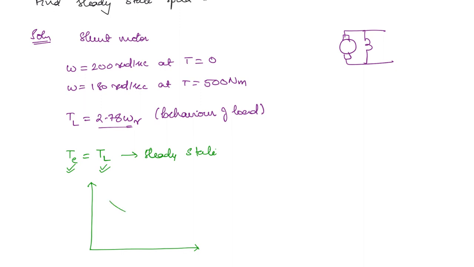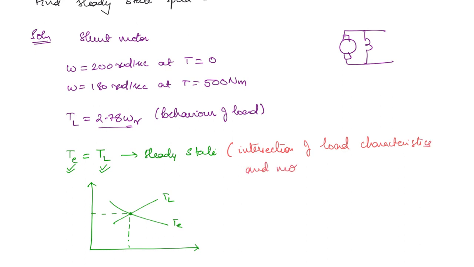Okay. So that means this is one curve and this is another curve. So this is T_L, it is linear, right? And this is electromagnetic torque, it drops with the speed. So now this value will be the steady state value. So you can write here, steady state is the intersection of load characteristics and motor characteristics. Okay, so we will see how to solve this now.